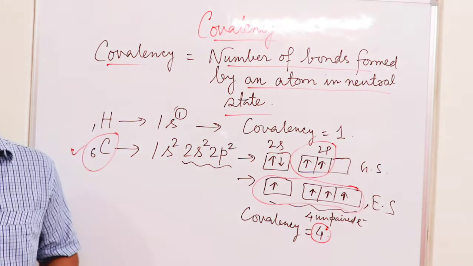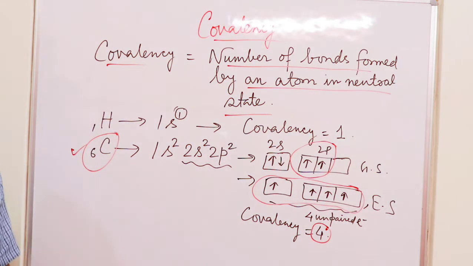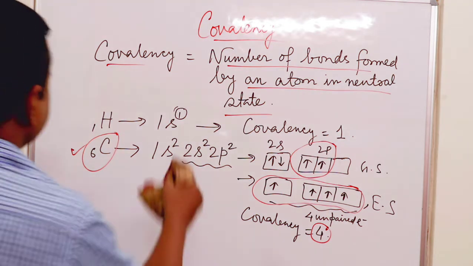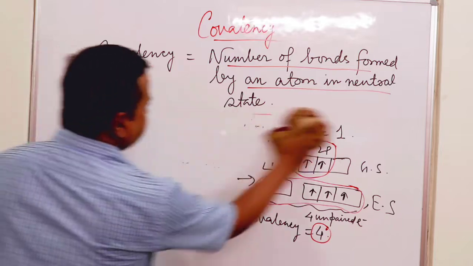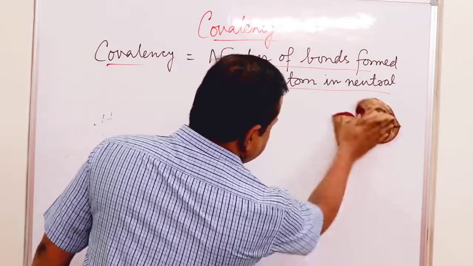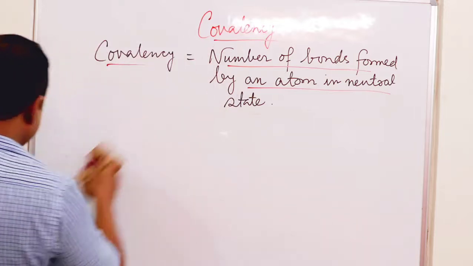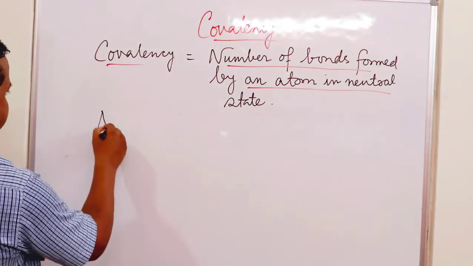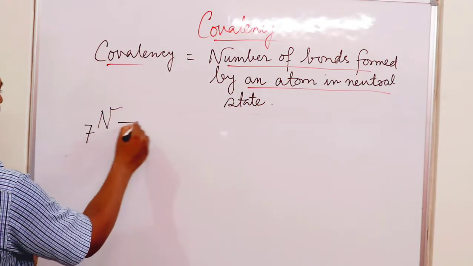Now let's check what is the covalency of nitrogen. Nitrogen is the 7th element. Its atomic number is 7.